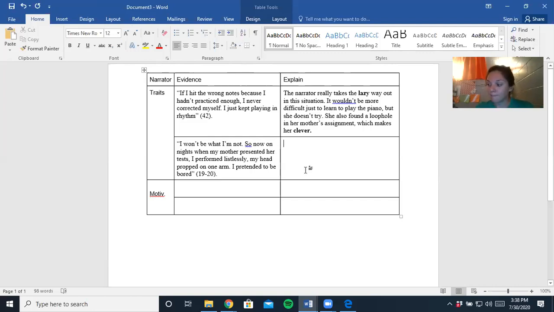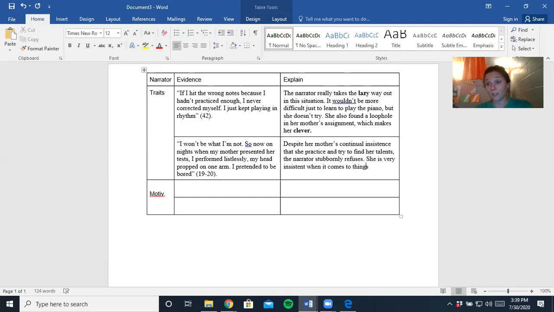So despite her mother's continual insistence that she practice and try to find her skills or talents, the narrator stubbornly refuses. She is very insistent when it comes to things she does and does not want to do.